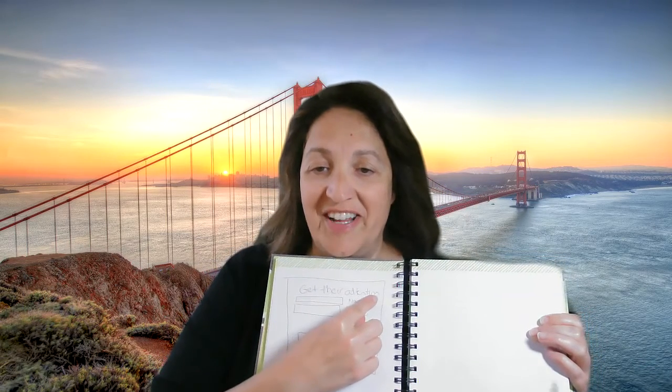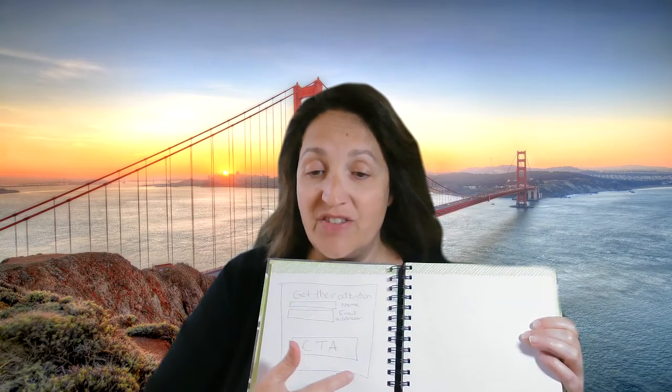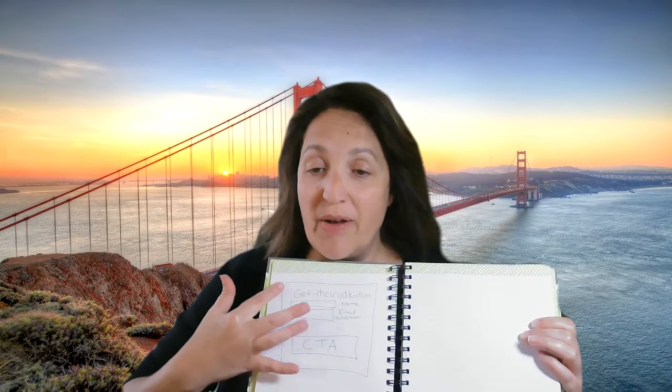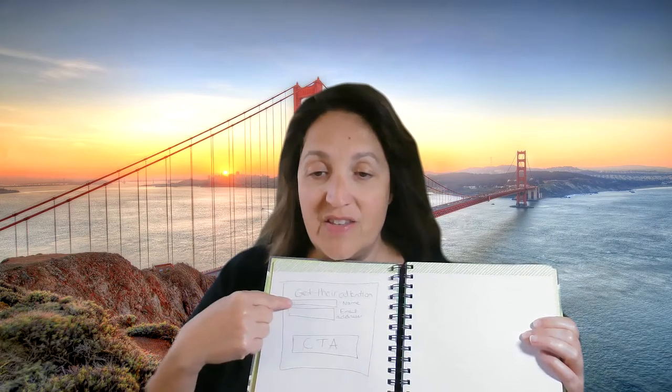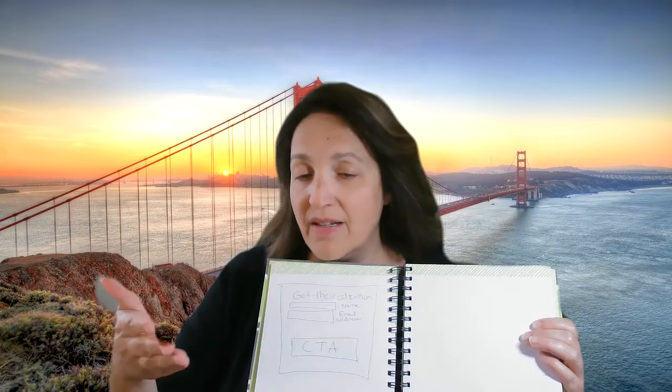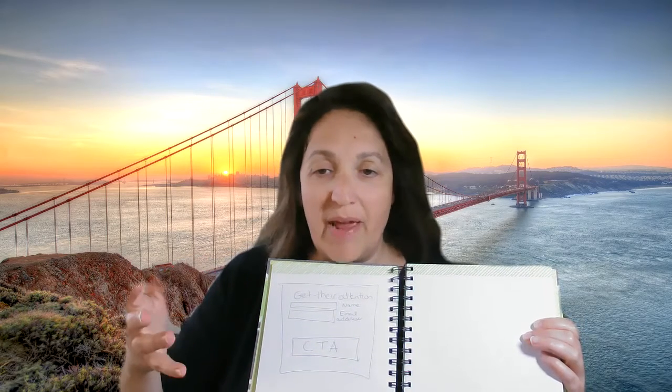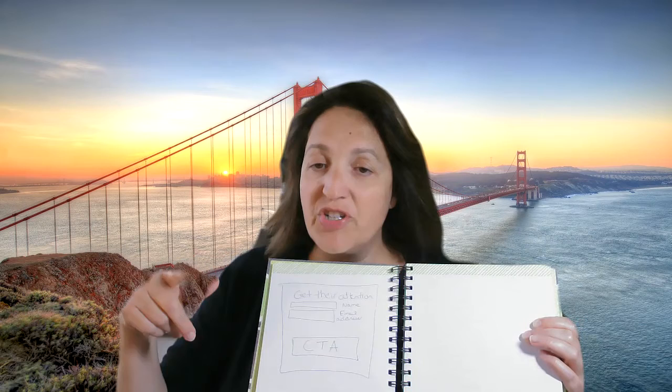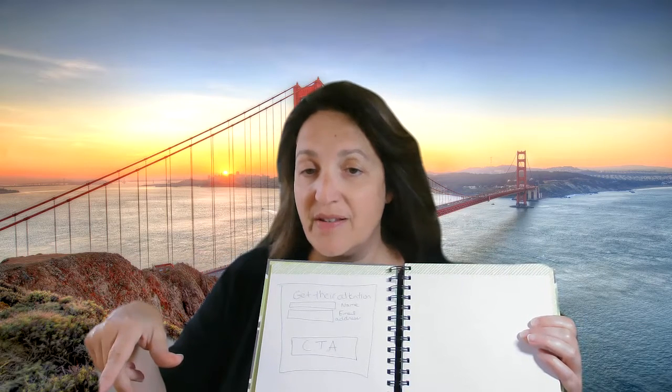Get their attention. So you need a title that gets their attention. The objective of today is to just draw this little thing, but replace these words with what you're actually going to write. And I just want you to do it on pen and paper, because I'm going to be showing later how to do this in MailerLite.